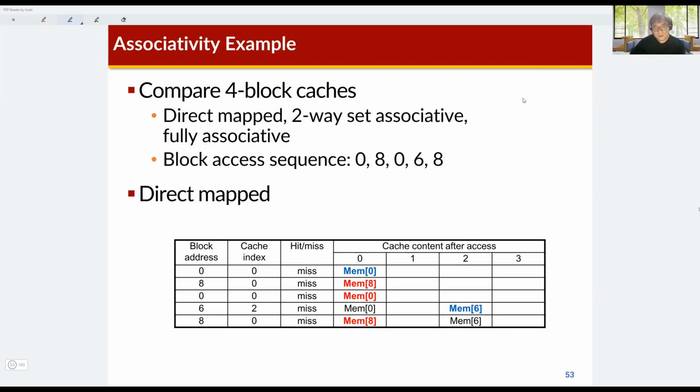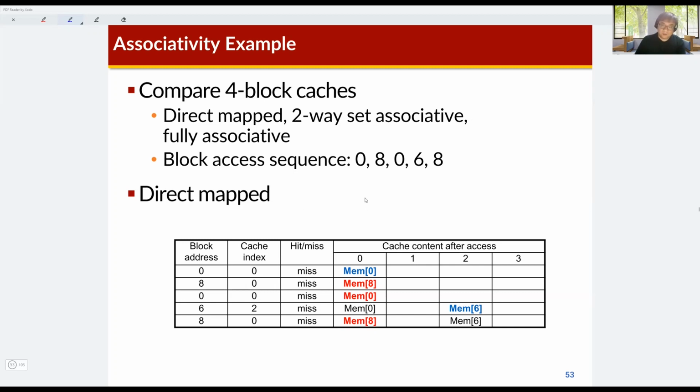So let's see an example of cache associativity. In this example, we compare the operation of the cache for the direct mapped cache, the two-way set associative cache, and the fully associative cache. Let us assume that the cache has only 4 blocks, so 4 entries actually.